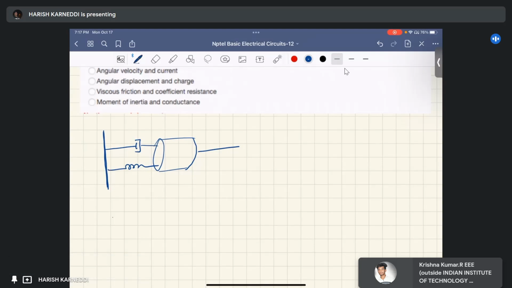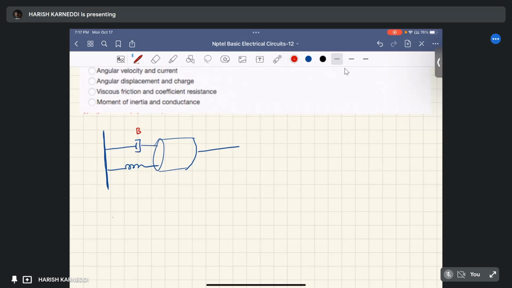This is a mechanical rotational system. It has a friction constant B. Let us suppose the spring constant is K, and the inertia of the unit we can consider J, so torque, angular velocity omega, and angular displacement theta.